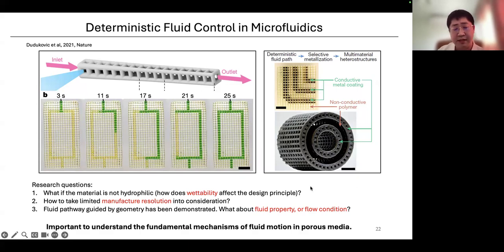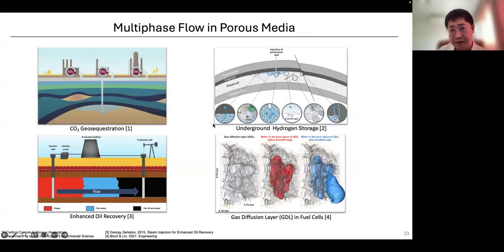In order to understand this problem, it's very important to understand the fundamental mechanisms of fluid motion in porous media. And multi-phase flow in porous media indeed is quite an old subject, so it's relevant to carbon dioxide geosequestration, enhanced oil recovery, and other engineering applications.